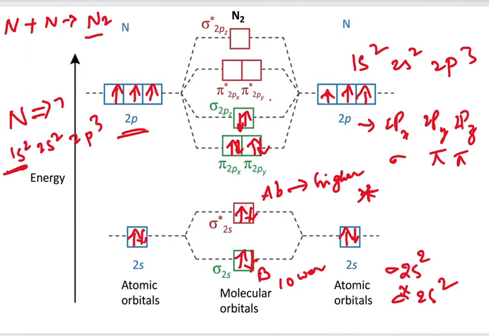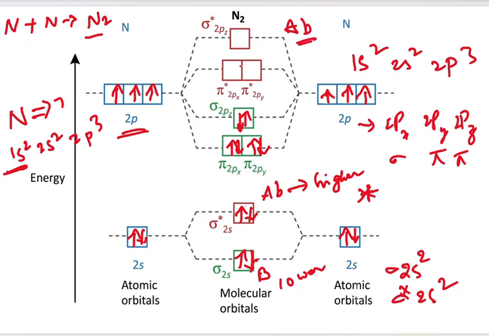Now the three electrons of one nitrogen atom and three electrons of the other nitrogen atom occupy the ground state in the molecular bonding orbitals, so no electrons are left to occupy the anti-bonding orbitals.